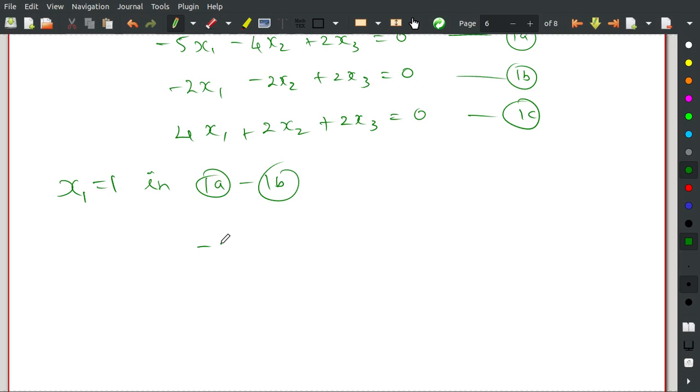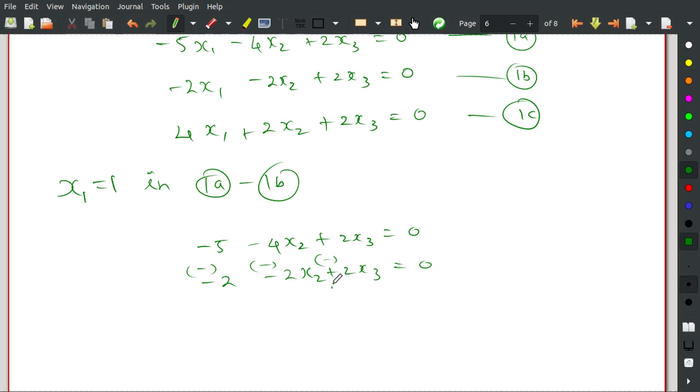We have minus 5 minus 4x2 plus 2x3 equals 0, and minus 2 minus 2x2 plus 2x3 equals 0.